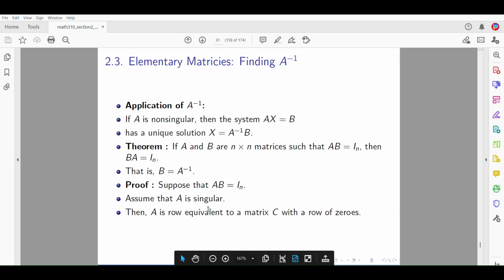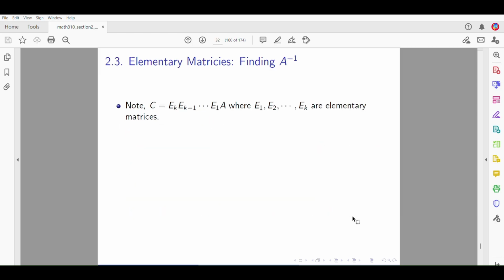If it is singular, you will have row operations on A and you land with a row of zeros. You multiplied a bunch of elementary matrices to A and you got C, the row echelon form or whatever equivalent, to have a row of zeros.